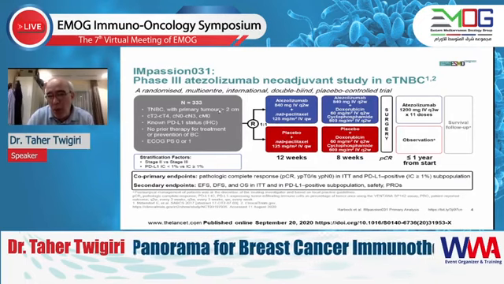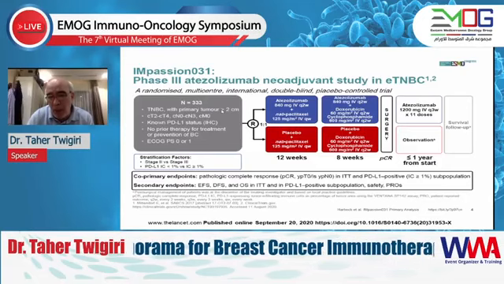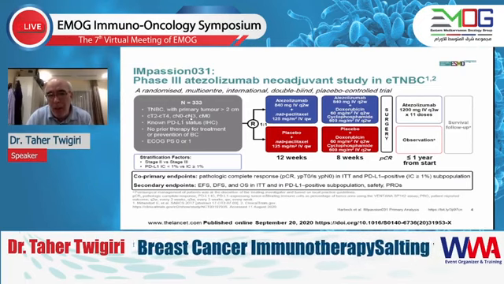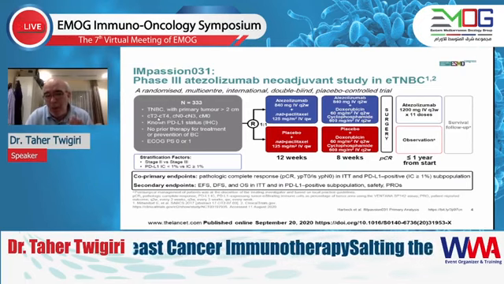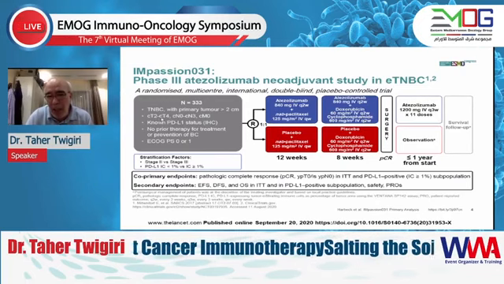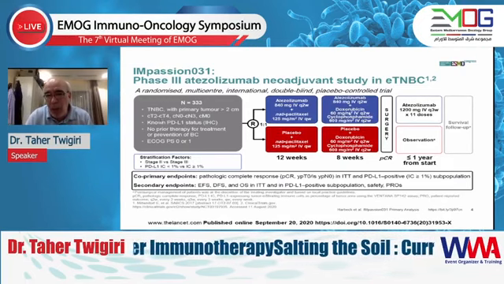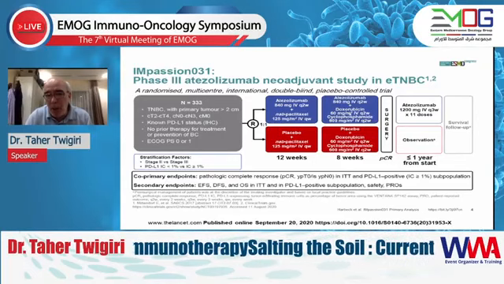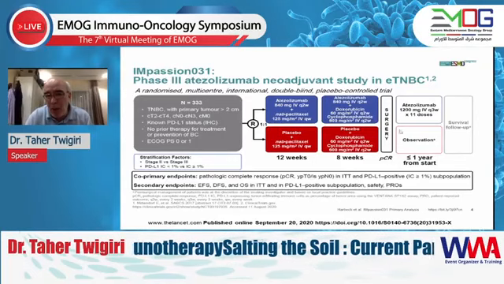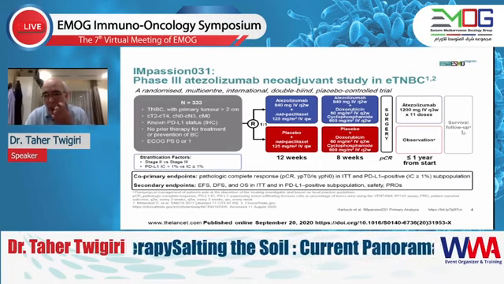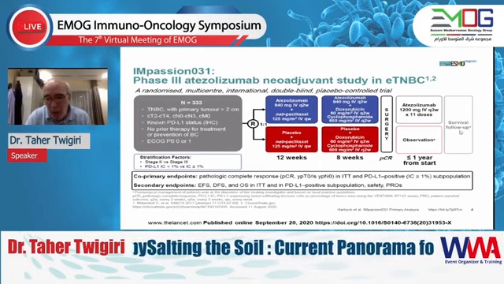So patients who are more than 2 centimeters, T2, okay, and also not high risk, and most of these patients are locally advanced in nature. So they give Atezo nab, then Atezo nab and doxorubicin and cyclophosphamide at the dose we use, surgery, and then subsequently they give this and this, and they are looking for survival and follow-up.